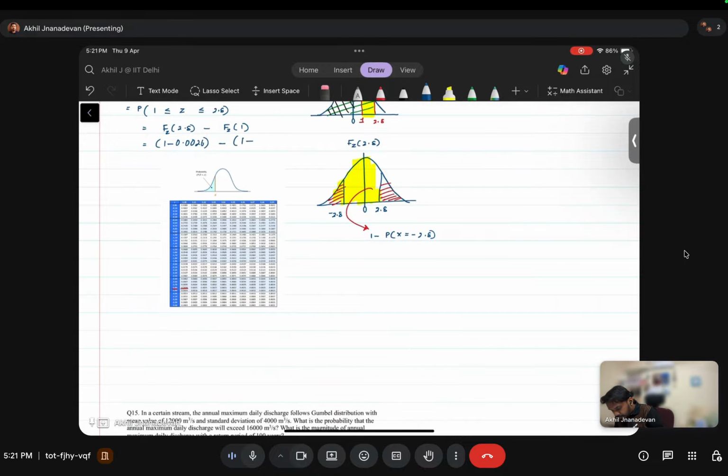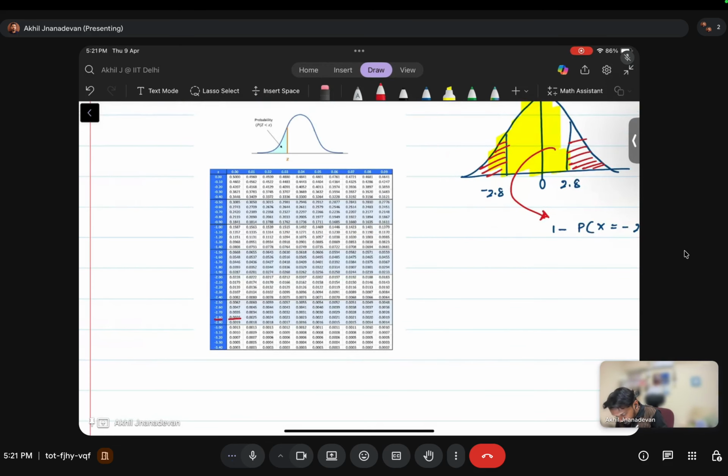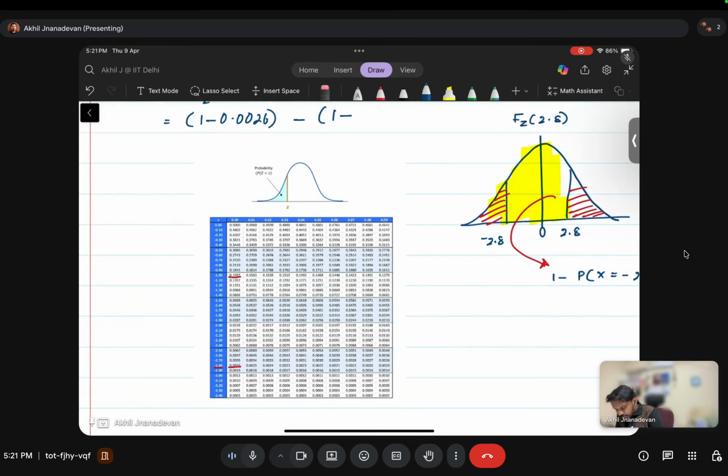For that I have to see F at minus 1. So F at minus 1, the probability is this much, that is 0.1587.